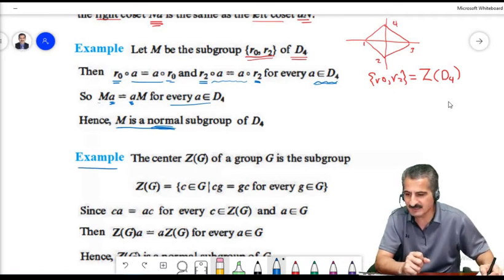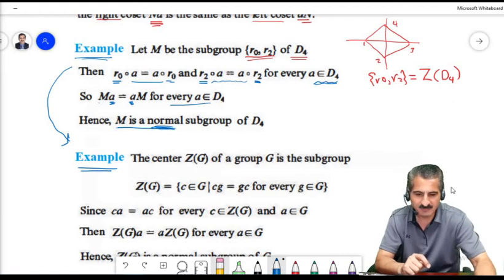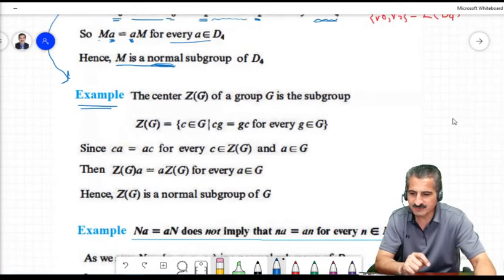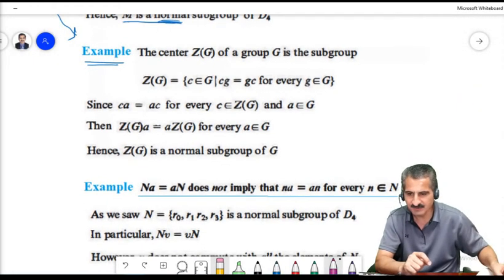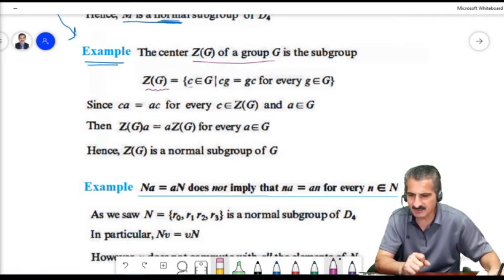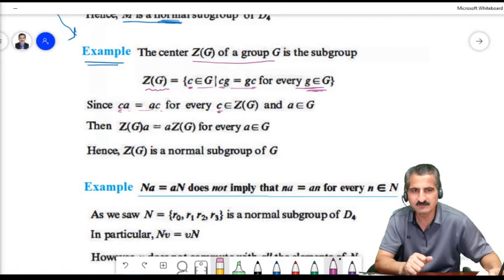Now this example generalizes what's above, so the above example is a special case of the below example. The example below says that if we choose the center, which we know is a subgroup, the center of the group G, defined as all elements from the group G such that these elements commute with every other element in the group, then CA equals AC for every C in the center.